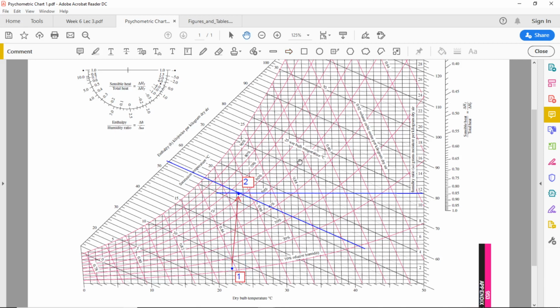We were asked to find out the humidity ratio and the temperature. Humidity ratio we have already found out to be 11.5 grams per kilogram dry air, and to find out the dry bulb temperature at state 2, we can just read off that value from a line drawn vertically downwards.